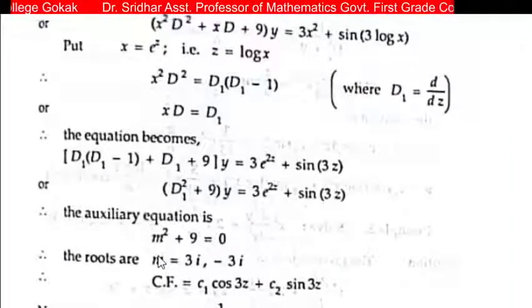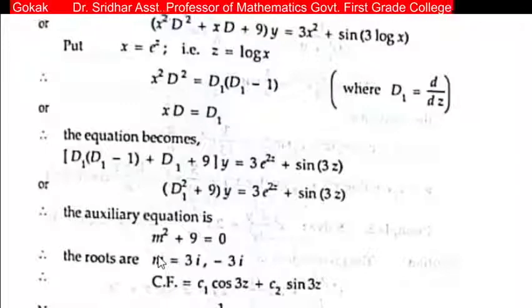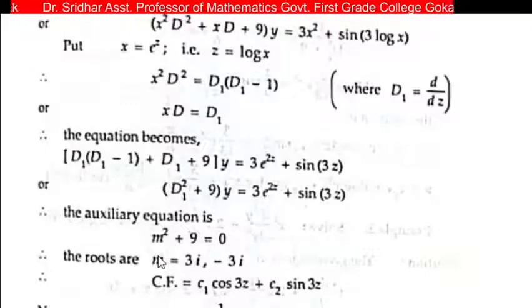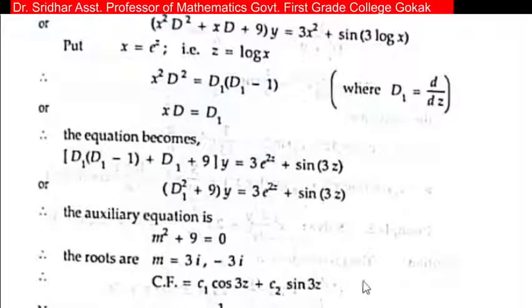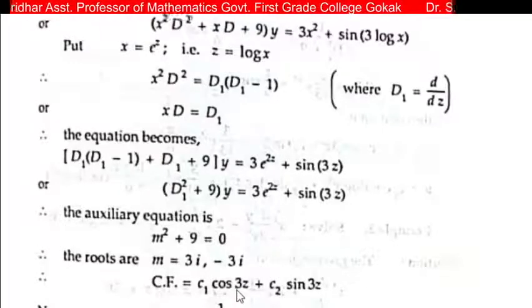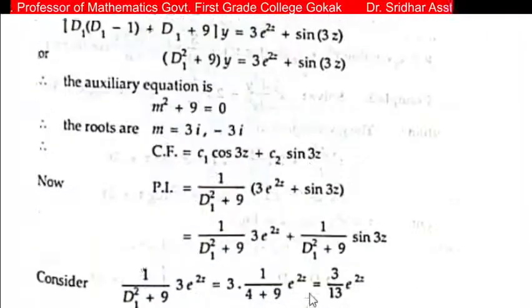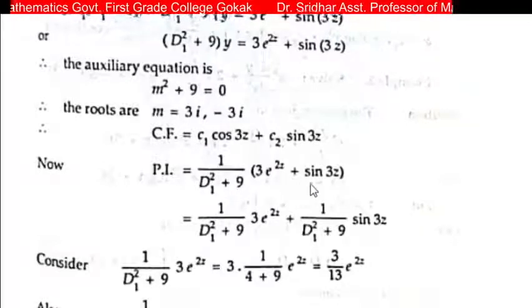Here the alpha part is 0, that means there is no real part, only the imaginary part, and for that we write the general solution as c1 cos 3z plus c2 sin 3z. Next we find the particular integral: 1 by D1 square plus 9 into 3 e raised to 2z plus sin 3z.